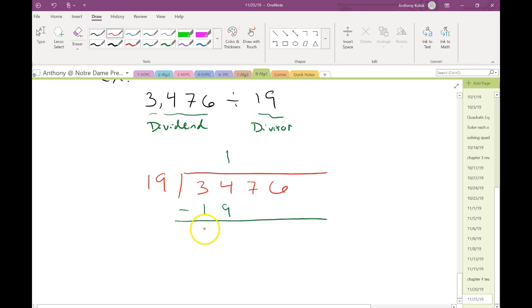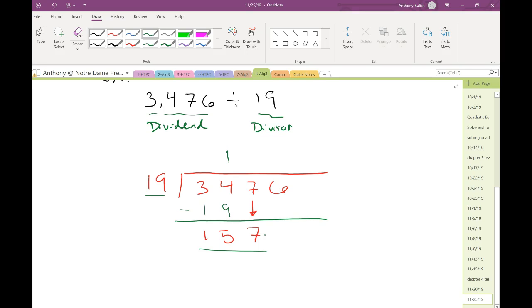So 34 minus 19 is 15, and then we bring down the next digit. You guys kind of remember this right now? Okay. So we do the same thing. We ask, how many times does 19 go into 157? It should be 8, I think.